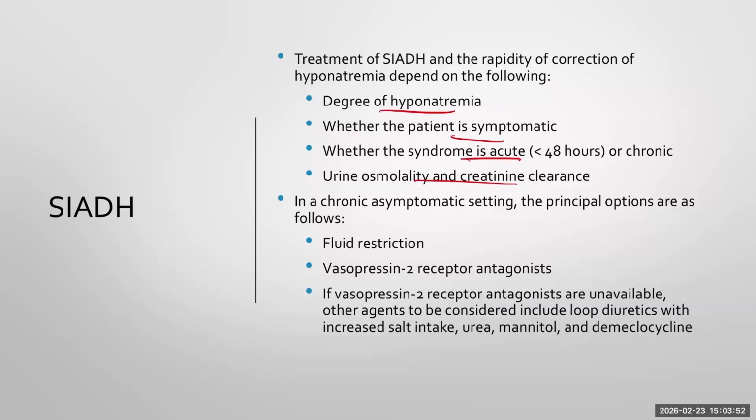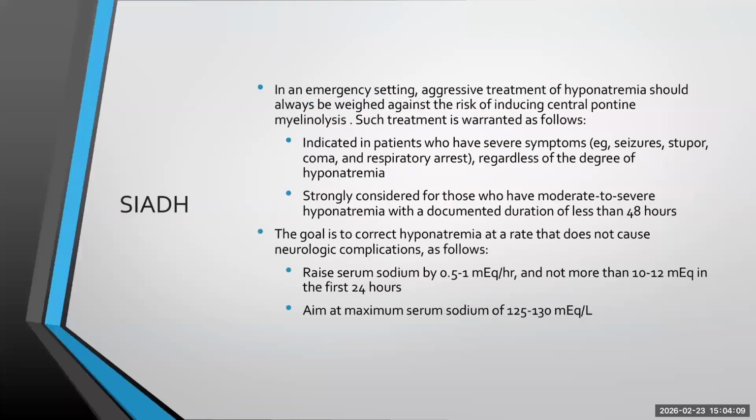In a chronic asymptomatic setting, fluid restriction, you can give vasopressin antagonists. If they're not available, you can try some loop diuretics with some increased salt intake to try and get that stuff out. In an emergency setting, be very careful with the treatment of hyponatremia against the risk of central pontine myelinolysis.